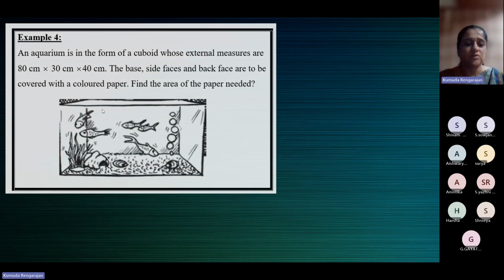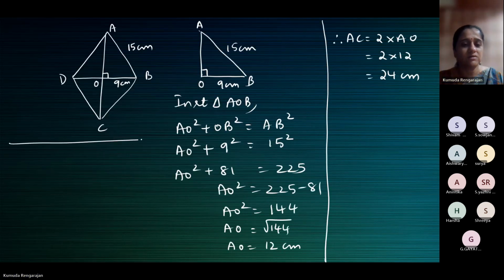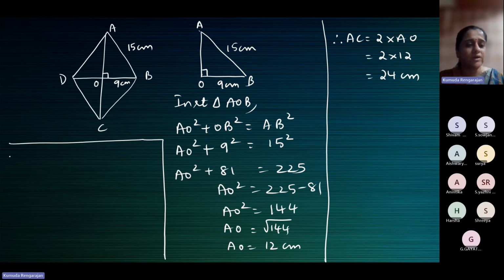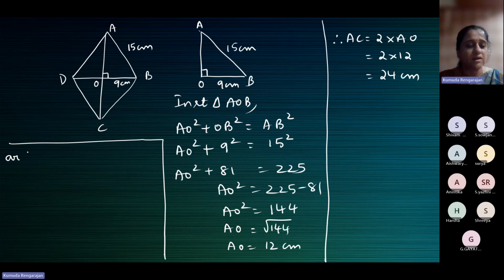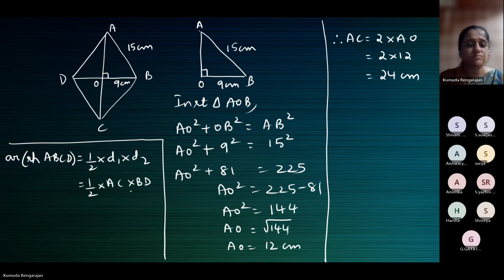Now, area of the rhombus is equal to half D1, D2. I'll just do it here, children. Area of rhombus, you can write it like this in short. AR is for area, RH is rhombus. So area of rhombus ABCD is equal to half into D1 into D2 square units. D1 is AC and D2 is BD.